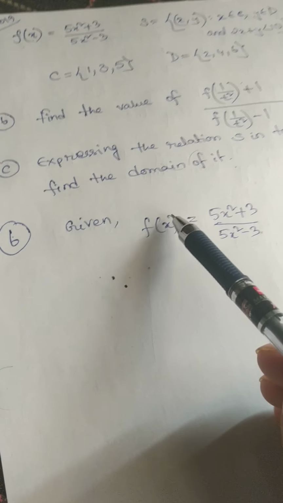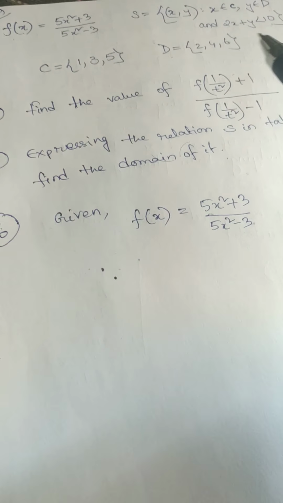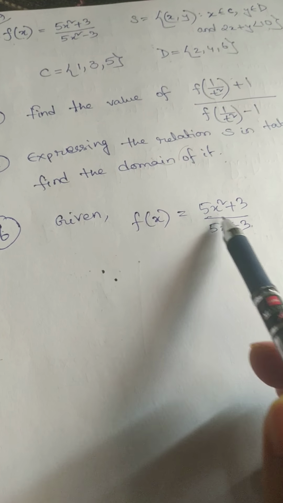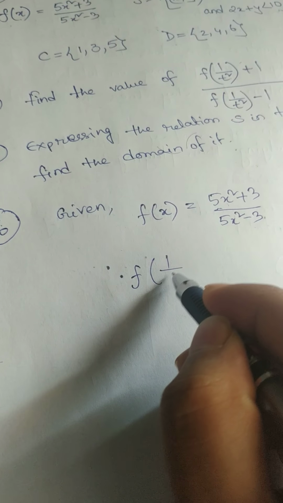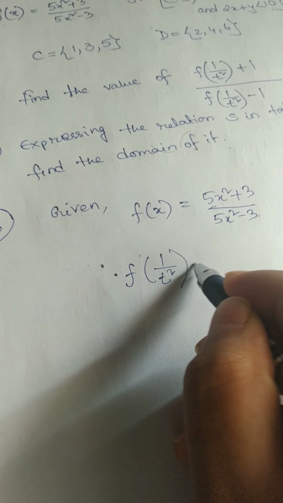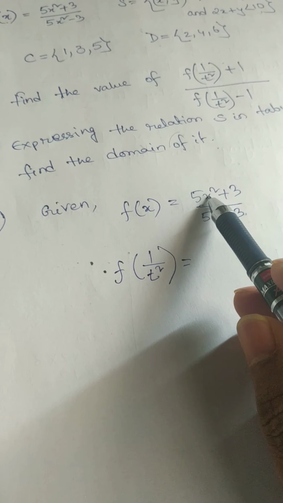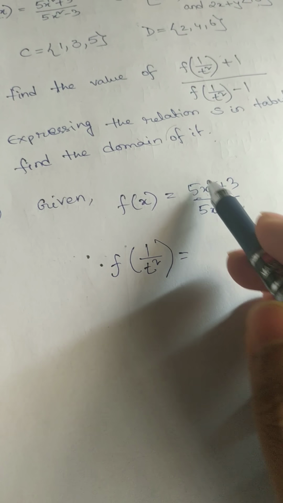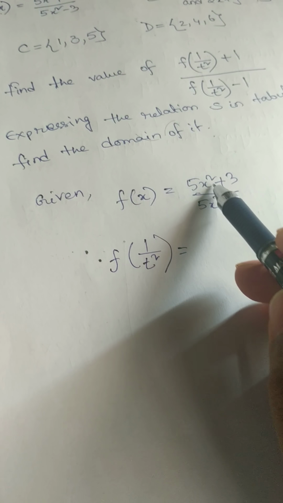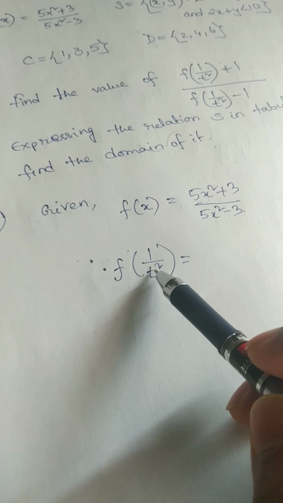So instead of x, if we write 1 by t square, all the values of x will change. So what will we get? f of 1 by t square equals, instead of x we'll now write 1 by t square. The square will be there, but instead of x we write 1 by t square.